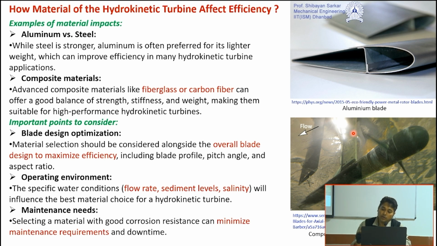Suppose you are considering that your fluid flow will be 0.5 meter per second. Based on this you have designed your model, and after preparation and implementation, suddenly you find 1.5 meter or maybe 2.5 meter per second of water flow throughout the day. So it may happen that your turbine may break.